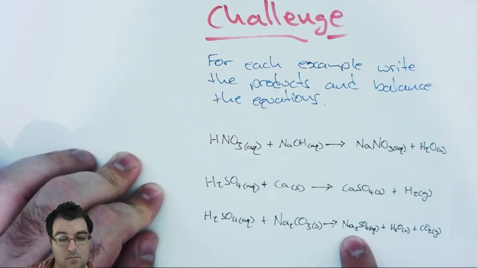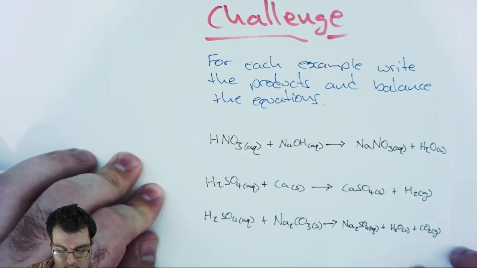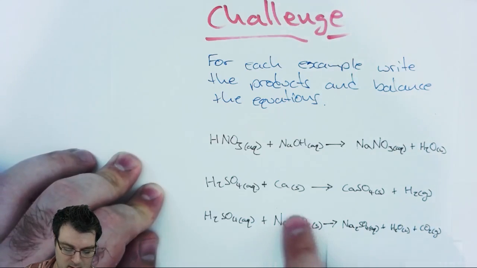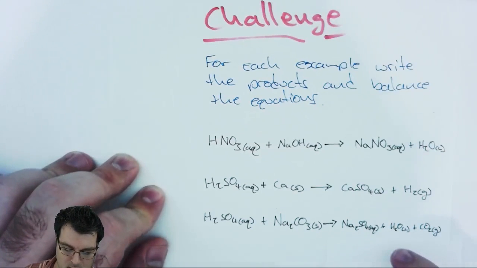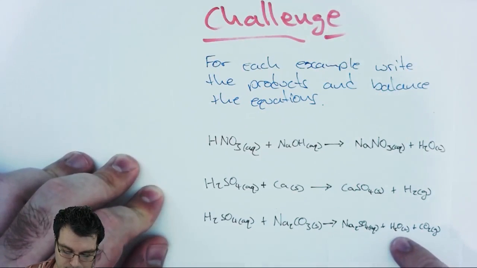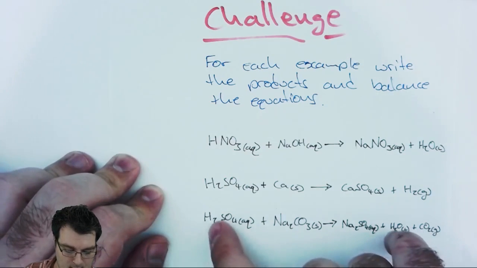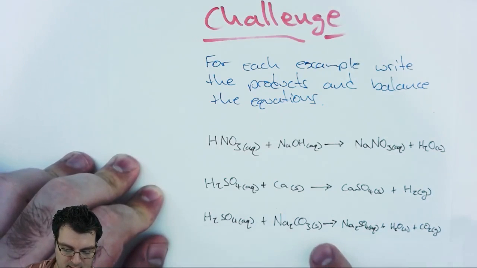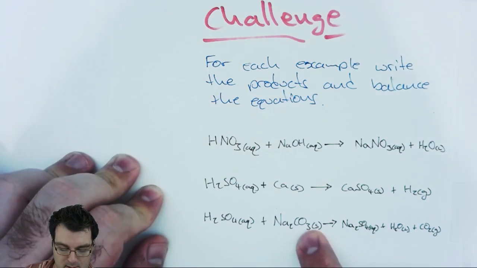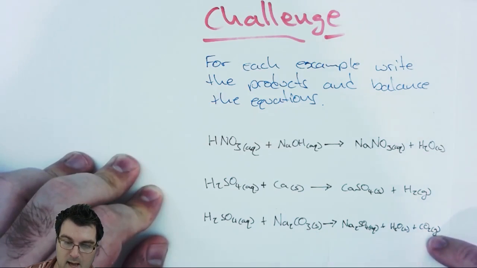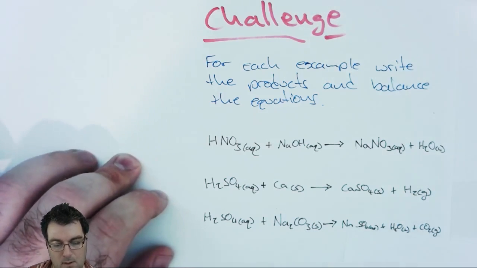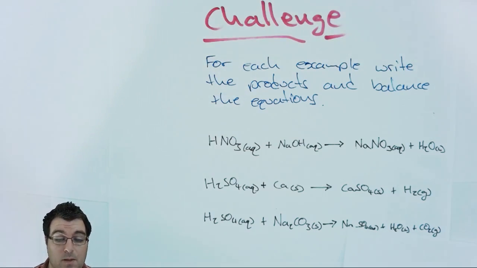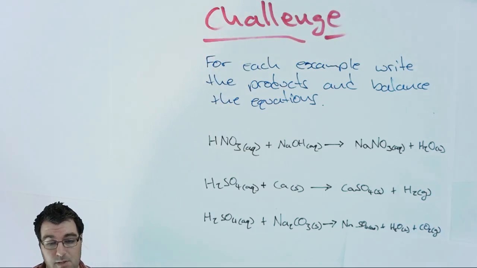Note that there are 2 sodium ions there, just as there are 2 sodium ions in the sodium carbonate. When it comes to balancing this equation, we'll form water when the 2 hydrogen ions from the sulfuric acid pick up an oxygen out of the base, and carbon dioxide.